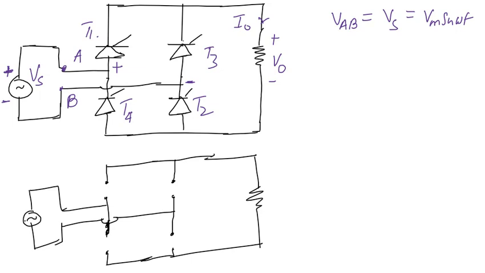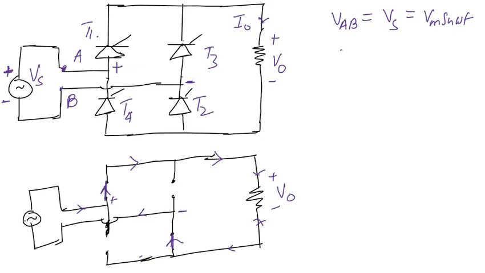So when Vs is this, if the firing is given, the current will flow from the positive, come here, flow like this, and go like this, and then come back like this. So what happens to V naught? Let us check the V naught voltage. By KVL analysis, this point is positive, so this goes here positive, and this point is negative, so this goes here negative.